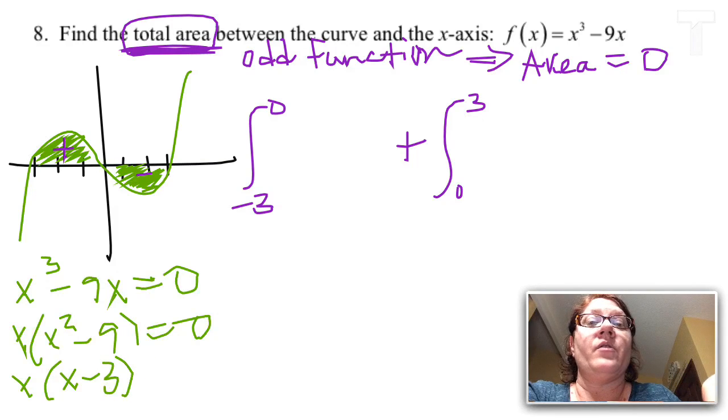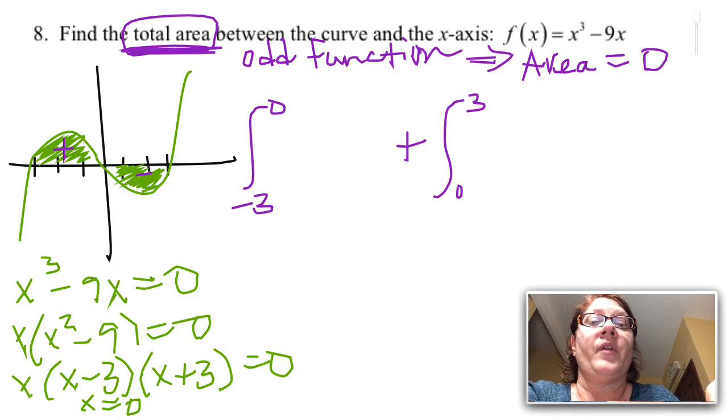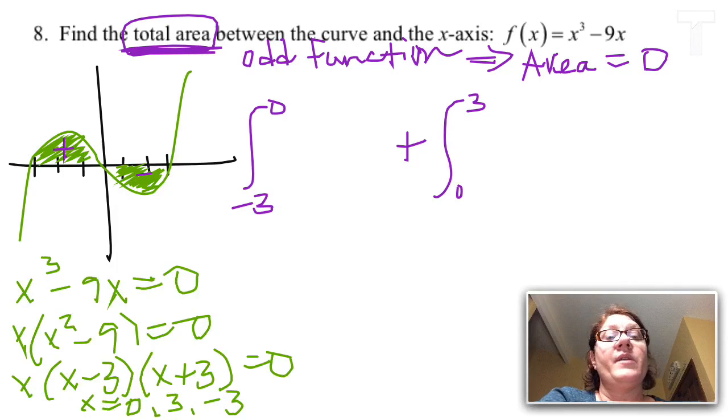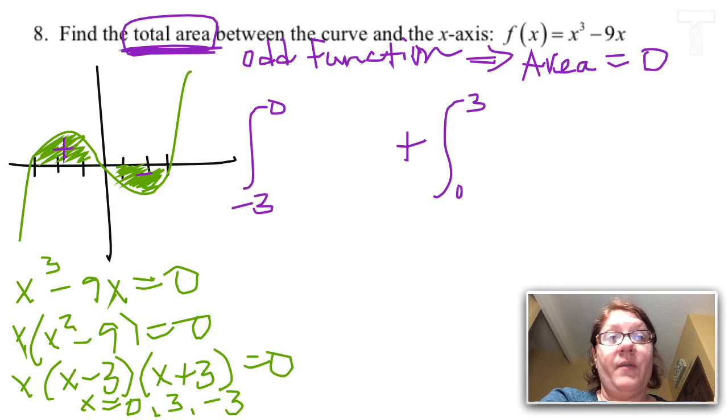It factors very nicely for me. So I get x equals 0, 3, and -3, so that I knew exactly what was happening when I graphed this. And that was important. So that's why I started with the graph first. And in case you wondered how I knew all of that, there's the big secret.